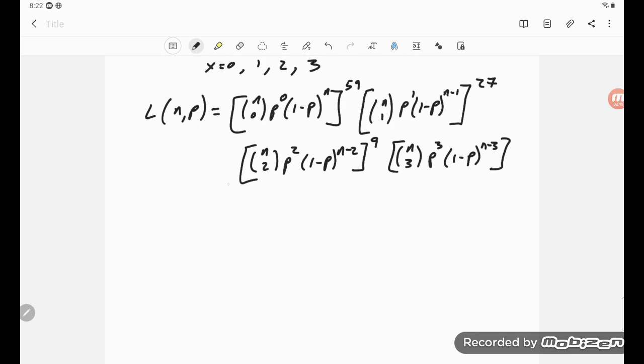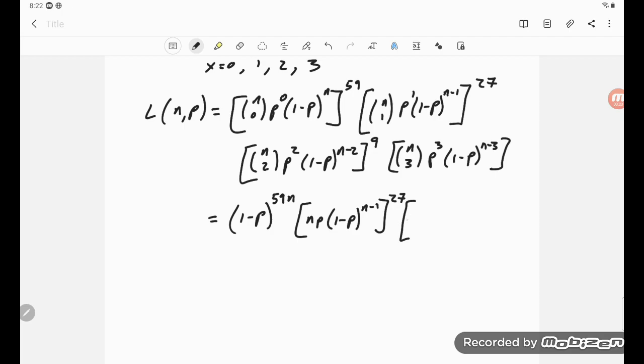N choose 0 is 1, P to the 0 is 1. So we just have 1 minus P to the 59N to start with there. Then we have N times P times 1 minus P to the N minus 1, all to the 27th.